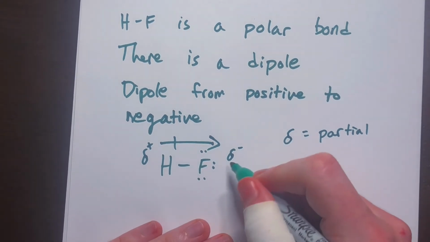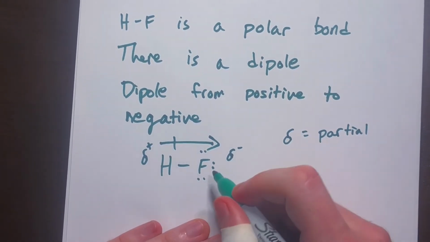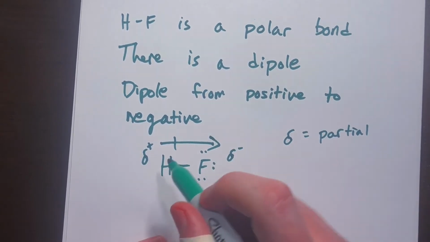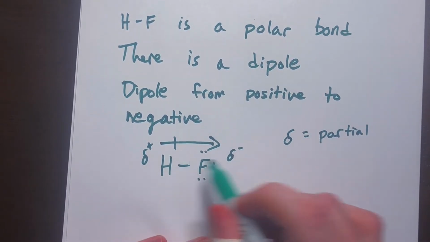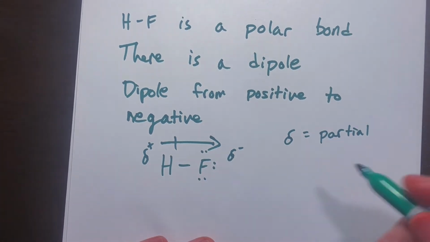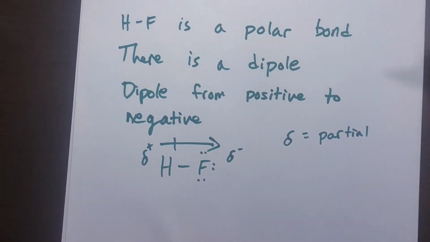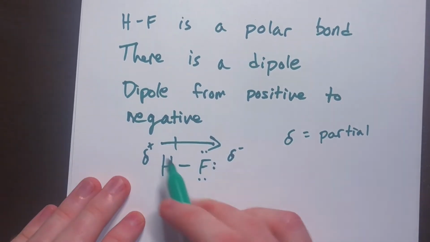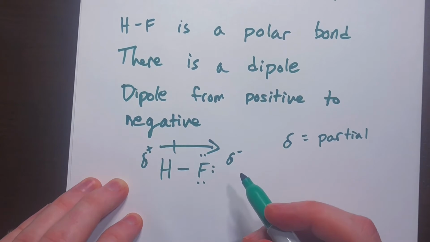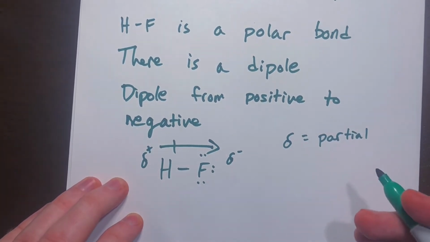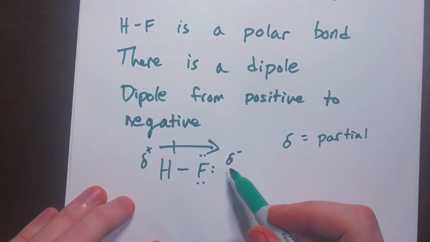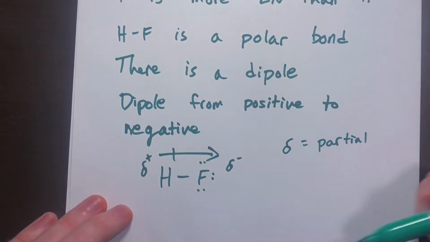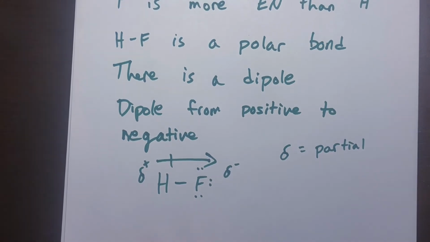So to illustrate this, we write that there is a partial negative on the fluorine and a partial positive on the hydrogen because it has less of the electrons and fluorine has more of the electrons. So this illustrates that there is a polar bond in hydrofluoric acid, and then this is how you would draw the dipole to illustrate the bond polarity, and then you can take it one step further and draw the partial charges. So this idea will be used over and over again to determine if a molecule is polar.